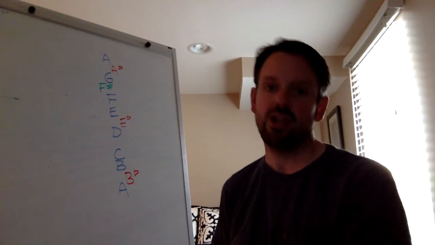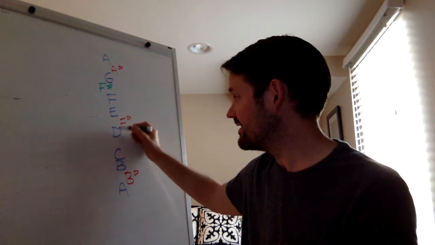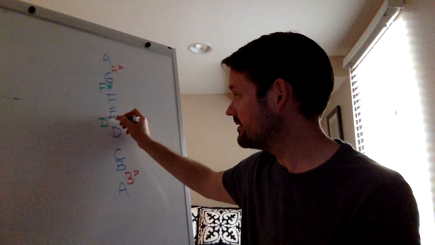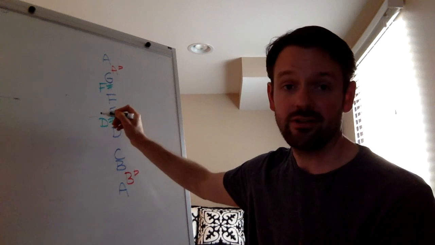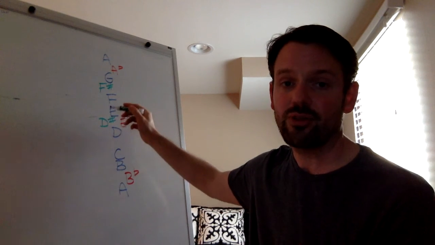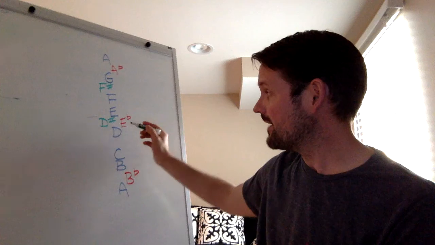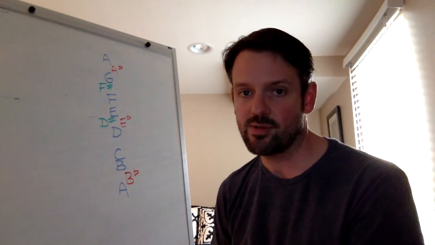However, it has two names. So the other name for E flat is going to be a D, but it's a D sharp. It's higher than D. The note that's higher than D is D sharp. The note that's lower than E is E flat. But they're actually going to sound the same because there's only one note in between each of the naturals.